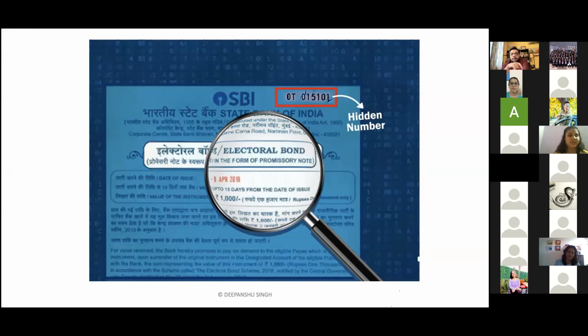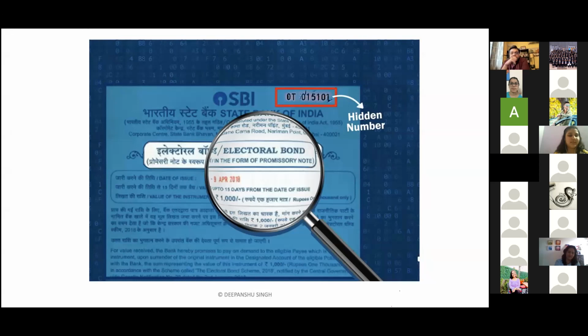Now, any interested person or party, even NRIs now, or a foreign person, can purchase these bonds. They can mention which political party they are going to fund through the electoral bonds. The idea was that this could not be misused to find out which person, private entity or corporate company has given funding or donations to a political party.